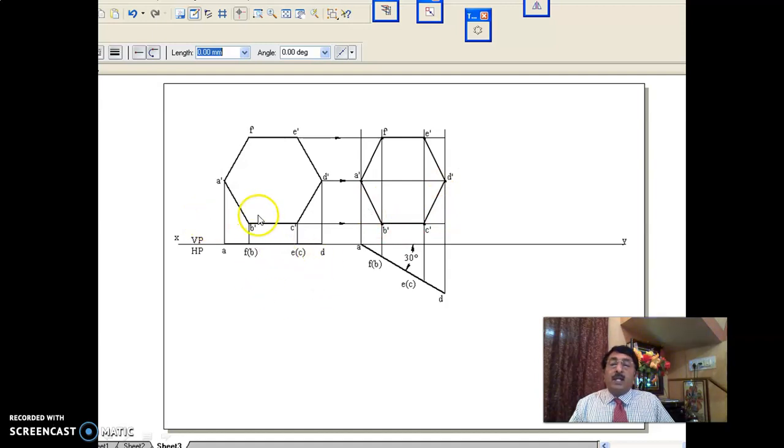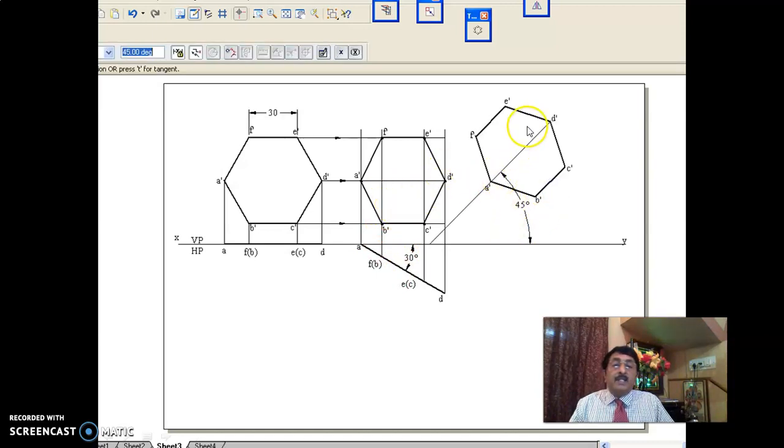As you see here, in this position all the sides are in true length. Now once it is tilted, all the edges have lost true length. That means this problem we have completed up to two stages. Now what do you see here? A dash D dash is inclined at 45 degrees to HP.